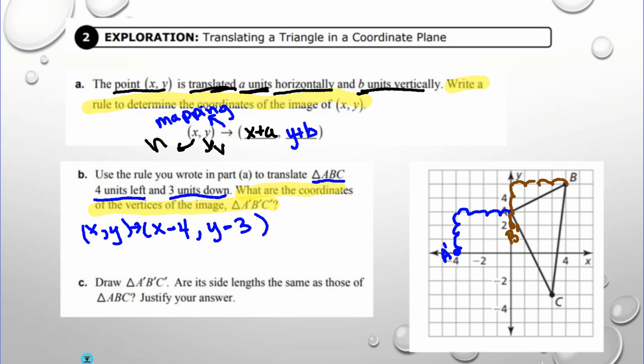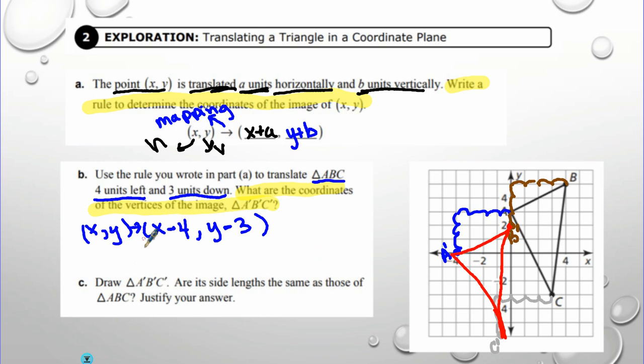Then I need to do the same for C. I'm going to graph C: 1, 2, 3, 4, and then down 1, 2, 3. And that is C prime. Then you're going to connect your dots. You should notice the shape did not change. Only the position changed. Mine don't look that good, but you get the idea.